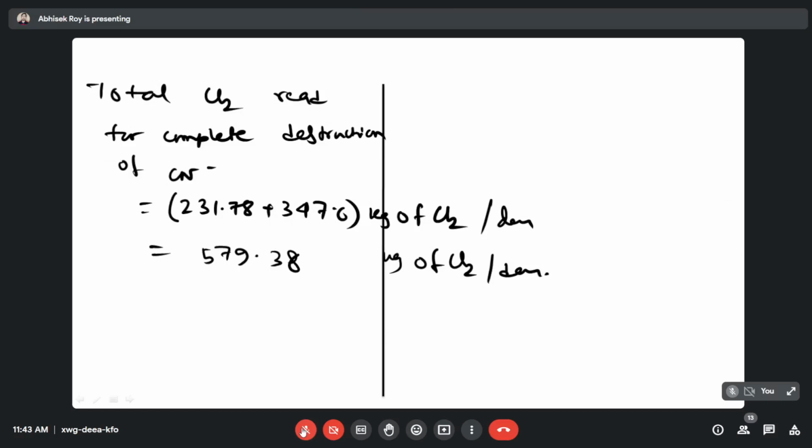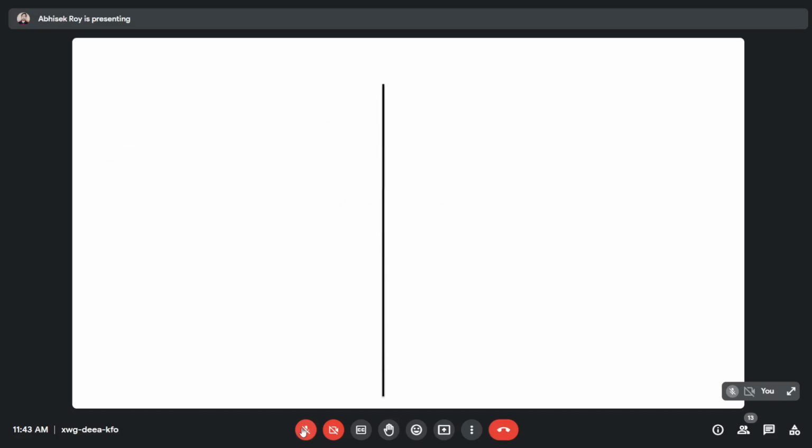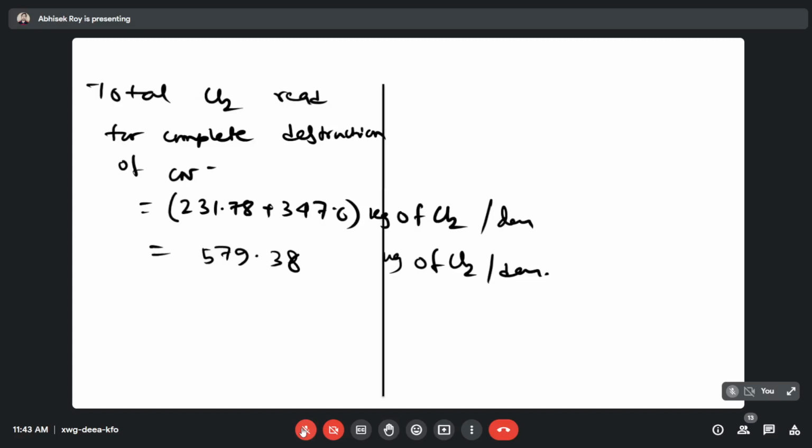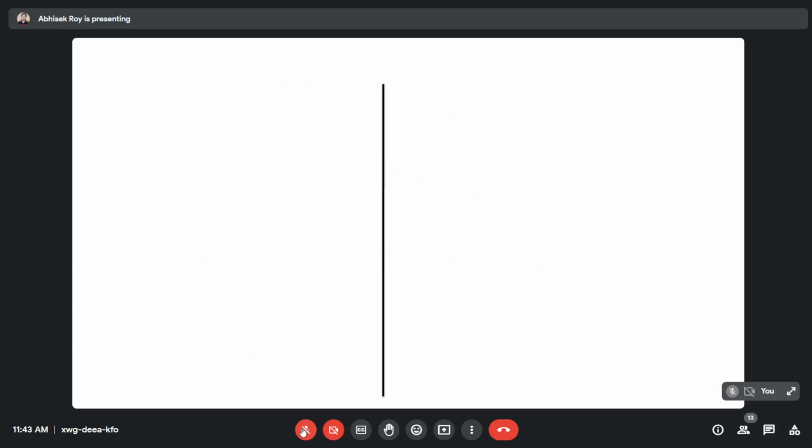Okay, now in the second step we will calculate how much NaOH is required। এতদূর অবধি সবার হয়েছে? So how much NaOH is required, that we will calculate. So we will go to the equation again.